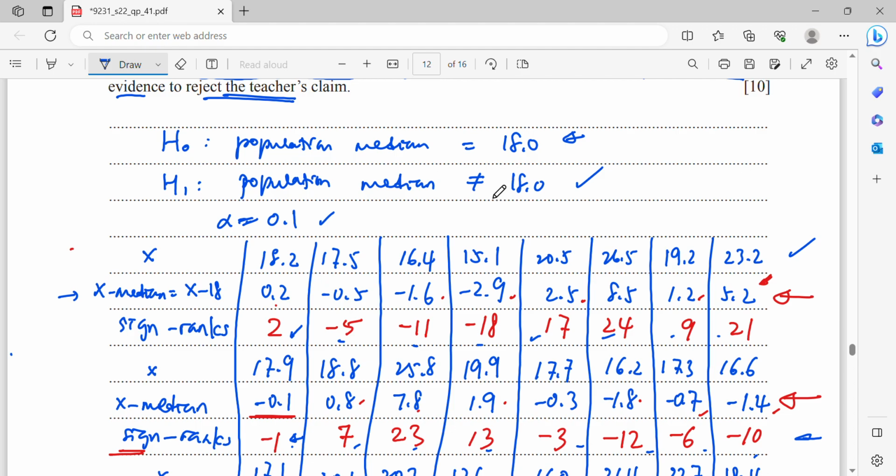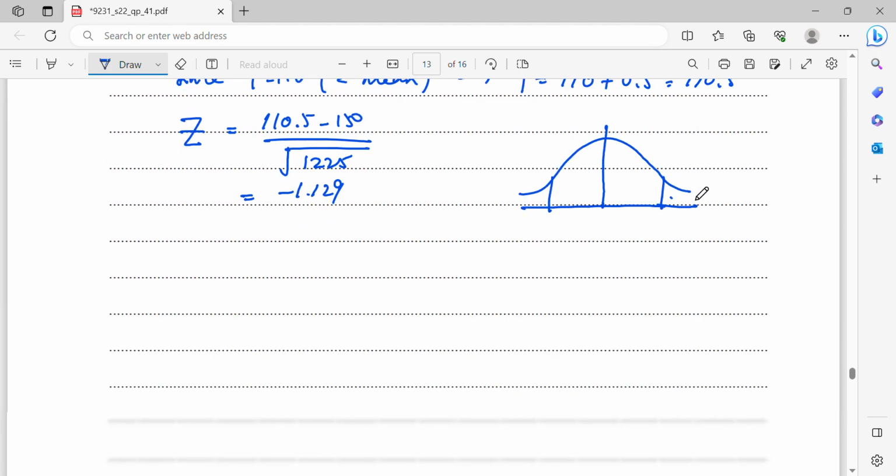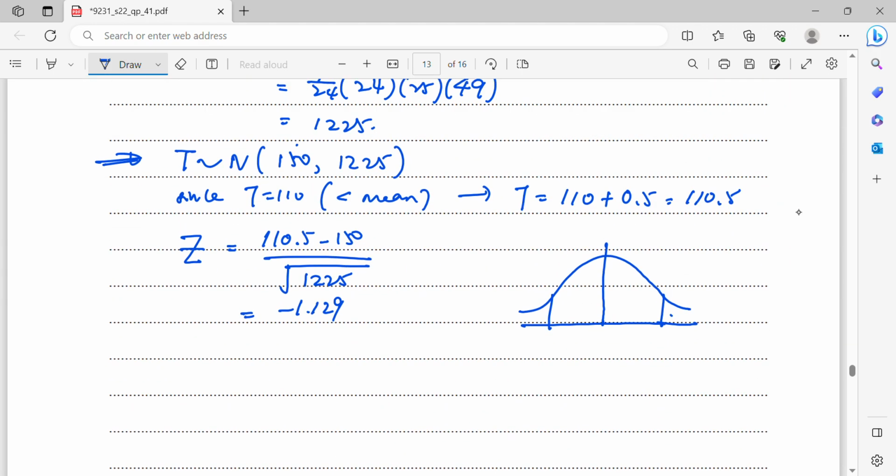Because your H1 is a not-equal sign. So the total of the left and right sides is 0.1, which means each part is 0.05. We are using the Z test, therefore the region is going to be 0.95 over here, and by using the table, you will get 1.645 for the critical value.